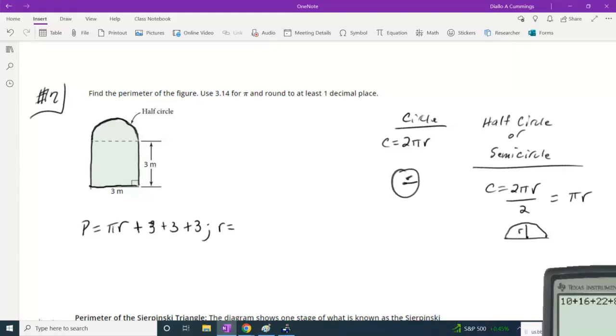So what's the radius? Okay. Well, now the 3 that they actually give me at the bottom, that would be the diameter. So I'm going to have to take the diameter and I'm going to have to cut it in half. So half of 3 is 1.5, right? So my radius should equal 1.5.